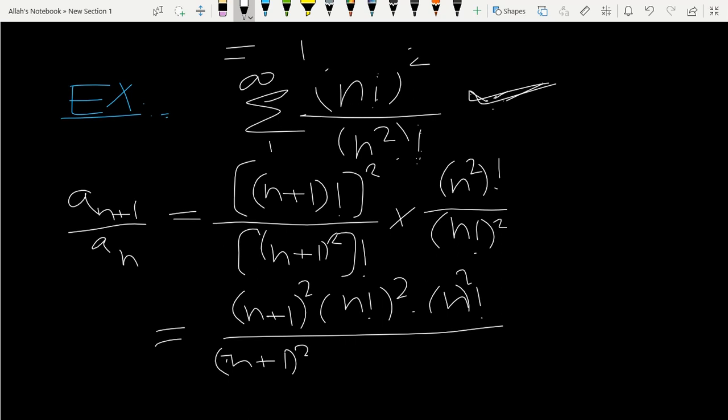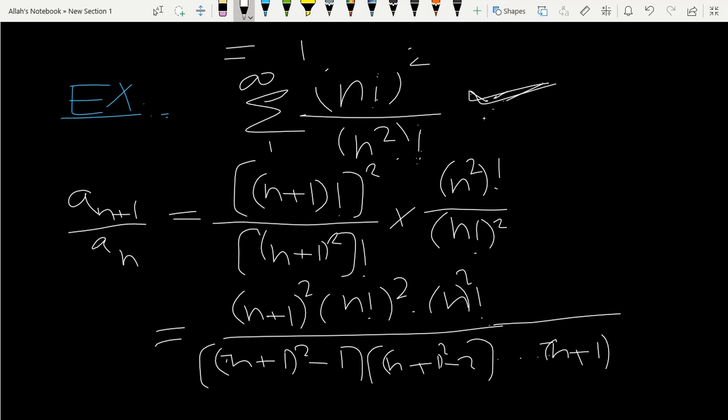Okay, minus 1, and similarly (n+1) squared minus 2, and so on up to (n+1) squared minus 2n.